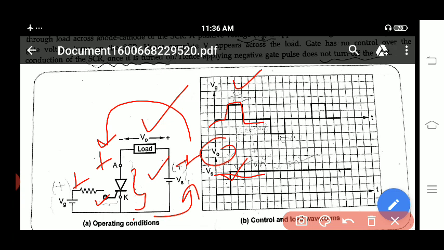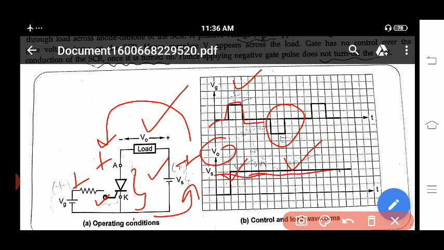And we know that the gate has control over the SCR only during turn on. If you try to turn off this SCR using the gate, it will not turn off. Let's consider you have applied VG equal to a negative supply. Even if you apply a negative supply, there is no change in the voltage V0.